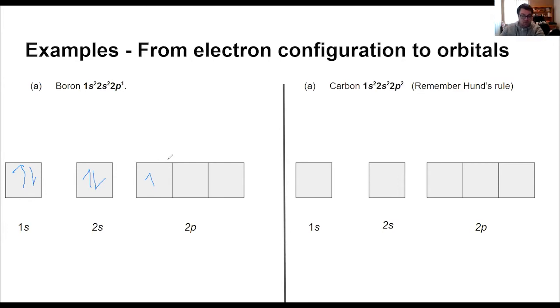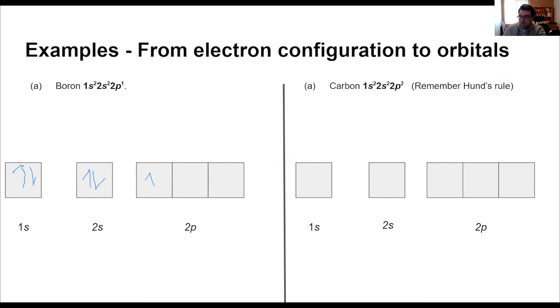And because we know the shapes of these orbitals, we know that we have a spherical electron cloud in terms of the 1s orbital surrounding that nucleus. Then like a Russian doll, we have a 2s orbital surrounding that first one. And then we have part of the teardrop of the 2p surrounding that nucleus as well.